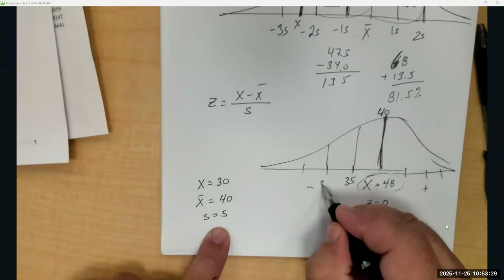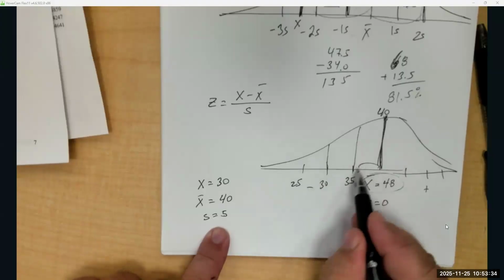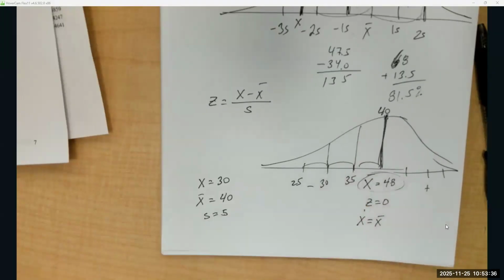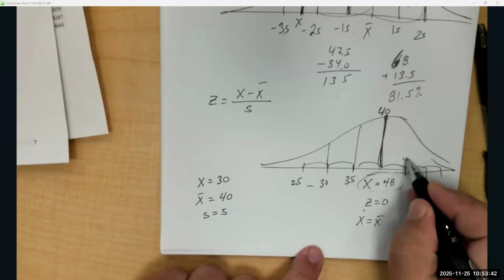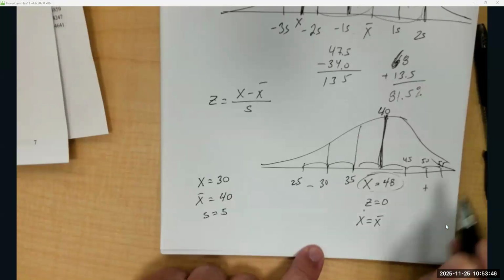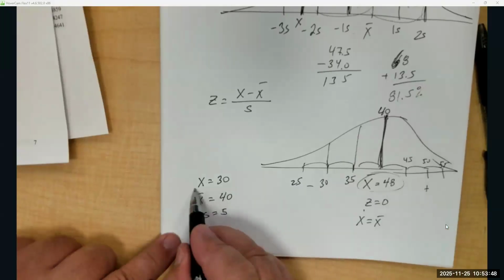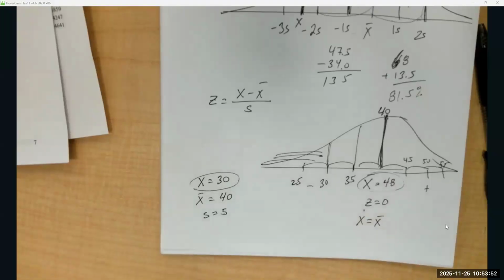This one would be 30, this one would be 25. One standard deviation is 5 points each step. What would it be on the other side? 45, 50, and 55. So I want to know how much is less than 30.